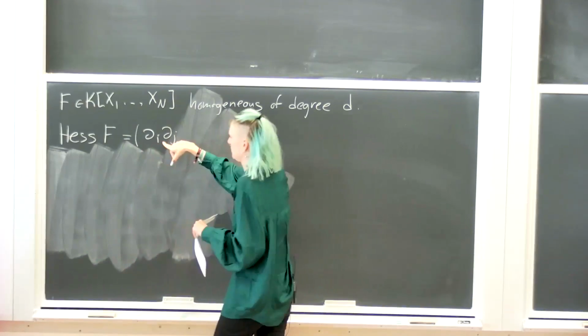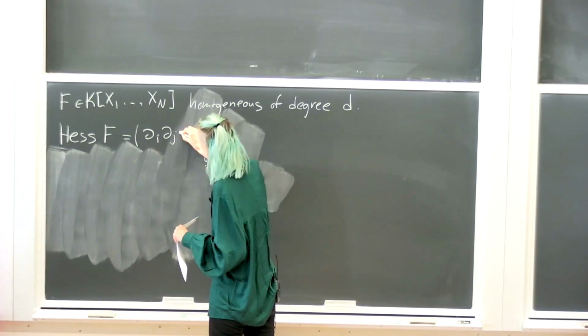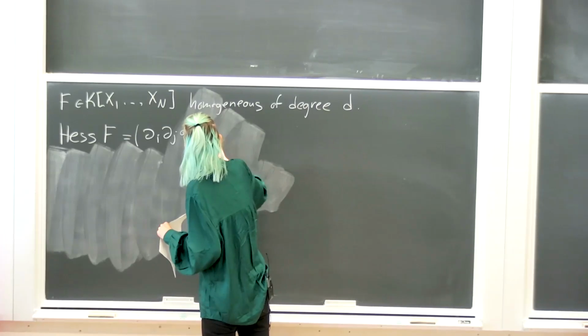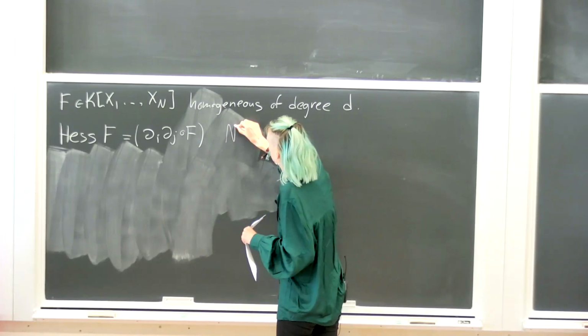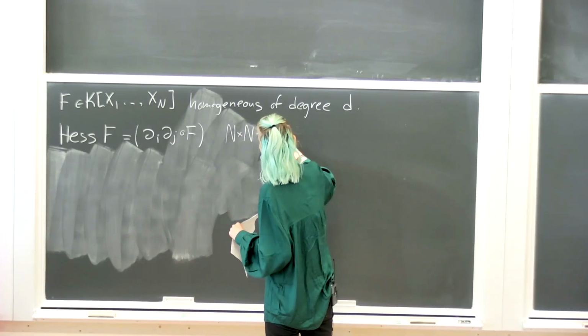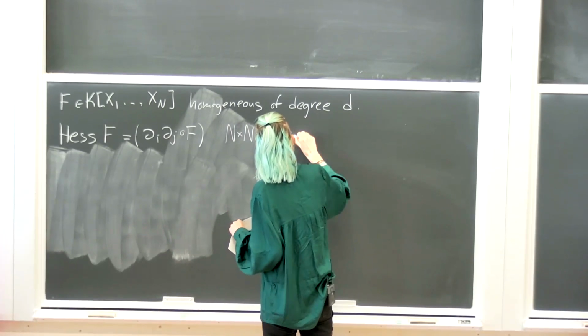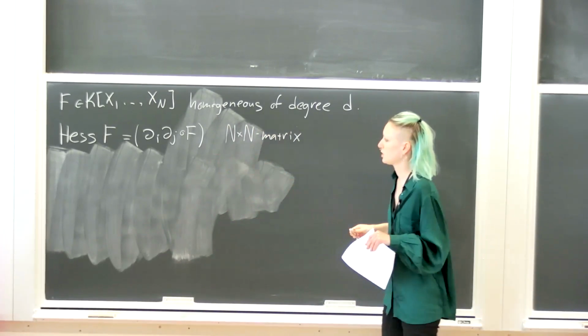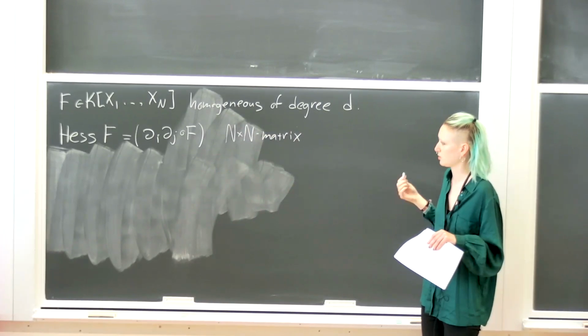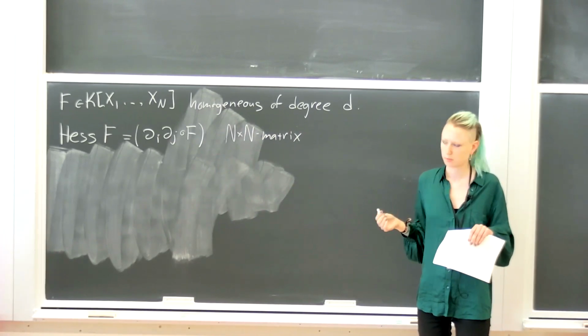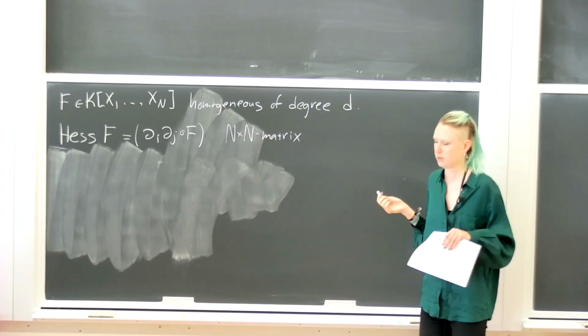I'm just going to use this sloppy notation. I think you know what it means. So it's an n by n matrix. And to this matrix, we also have associated a polynomial, the Hessian polynomial, which is the determinant of the matrix.